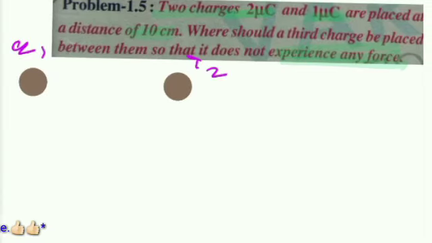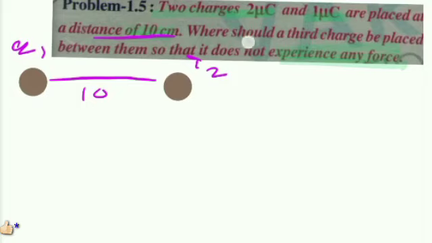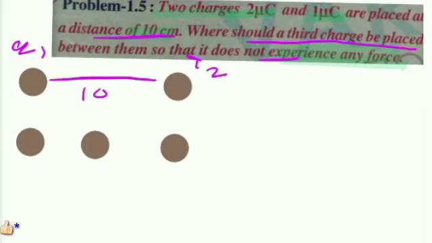Now the two charges are placed at a distance of 10 centimeters. Where should the third charge be placed between them?